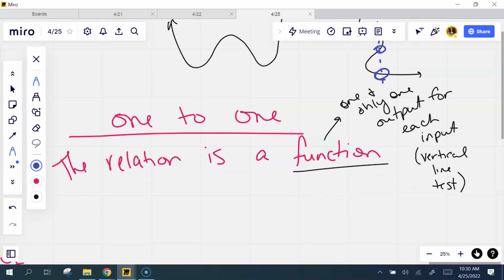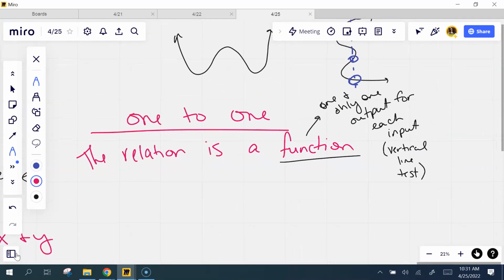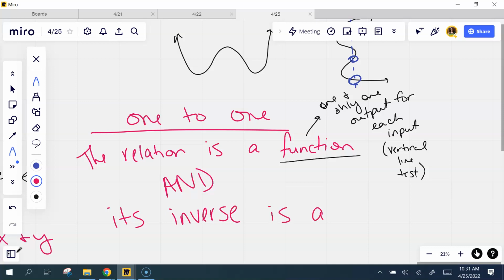So what one-to-one means is that not only is the relation a function, but also its inverse is a function. So if both the relation and its inverse are both functions, then we say that function is one-to-one and it's very special. It doesn't happen often, but it does happen sometimes.